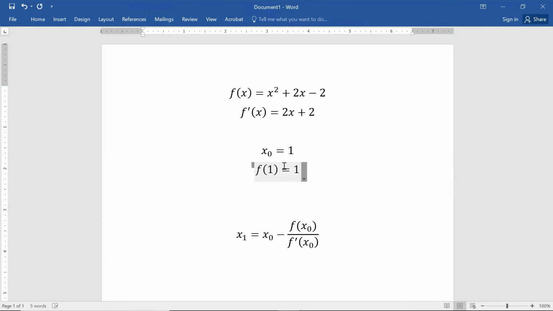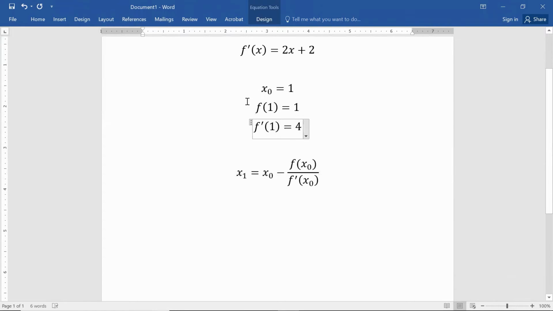By the way, if you plug 1 into the derivative of the function, you get 4. So x0, our first guess, is 1. I see that that's not a root because when I plug it into the function, I do not get 0. So the next step is saying, well, what's the derivative there? Derivative is a 4 at that spot.